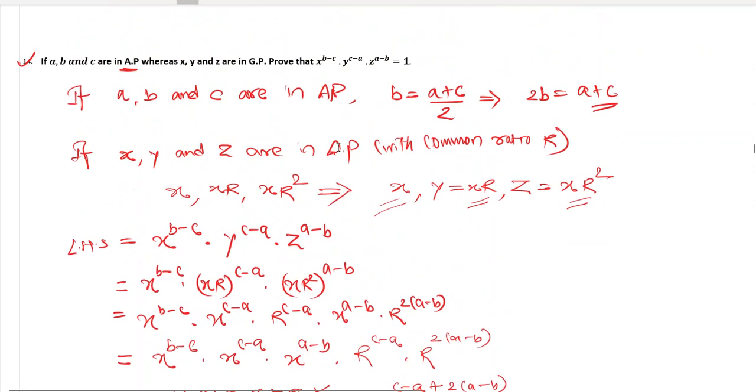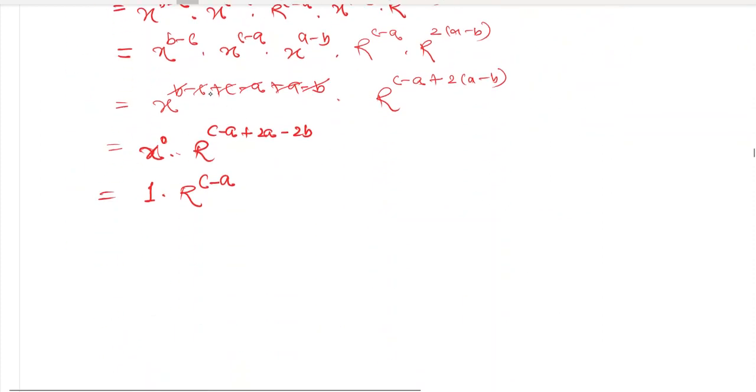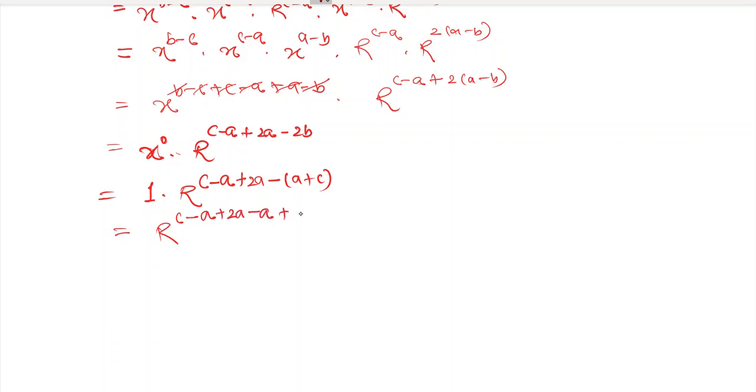Can you recollect the relation between a, b and c? 2b is equal to a plus c. So I will directly write it as plus 2a minus, in the bracket, a plus c. So minus 2b, I'm keeping minus separate, and in place of 2b I'm writing a plus c. So it will be r raised to c minus a plus 2a minus a plus c.